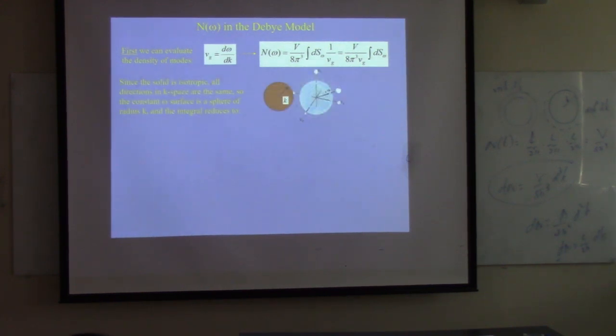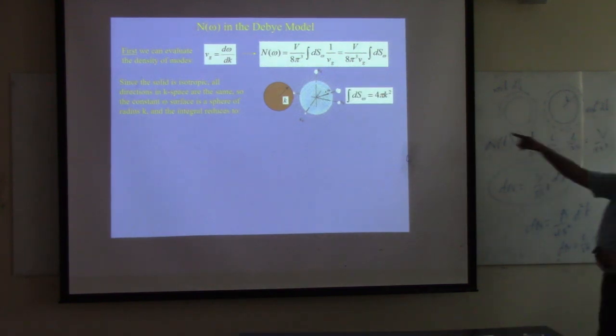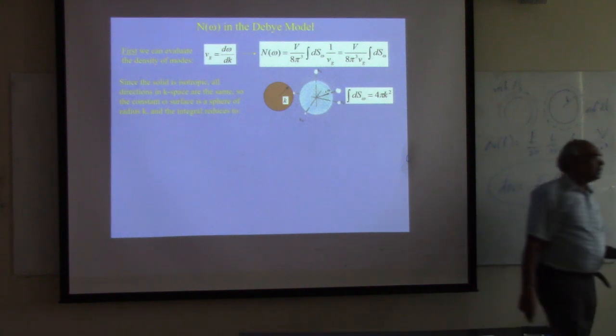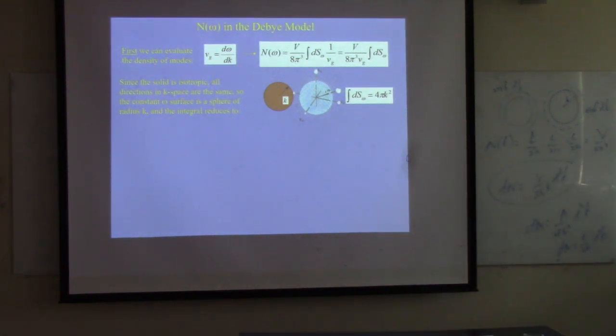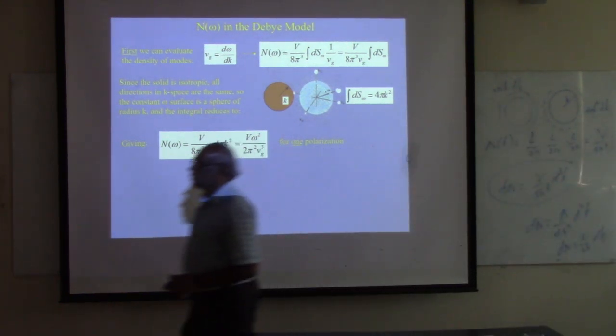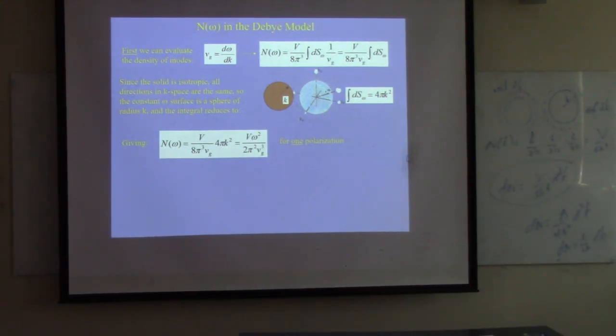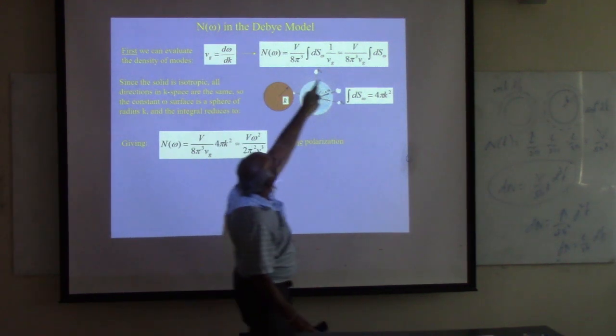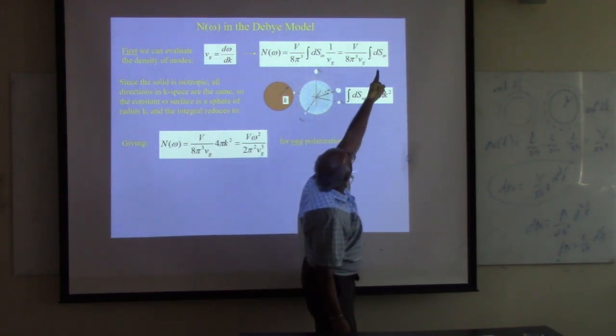So here, like I said, this ds thing is 4 pi k squared, right? If I substitute that one, this is what your nk is. See, we need n omega, right? N omega is here.